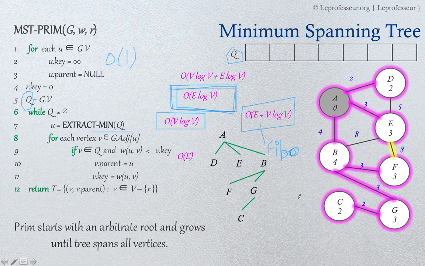So see how this algorithm, Prim's algorithm, works for finding the minimum spanning tree from a graph.